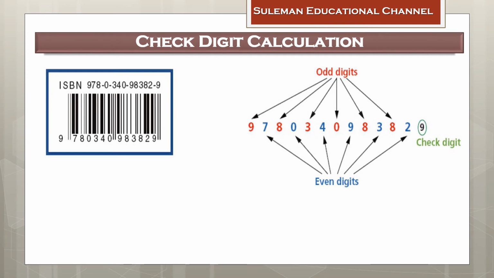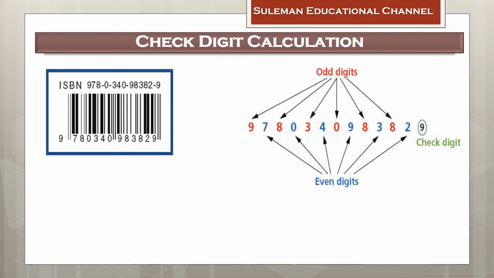Now we will understand the placement. There are two placements, the odd position and the even position. In this diagram, the digits highlighted in red are the odd position digits, and the ones highlighted in blue are the even position digits. The last digit, which is circled, is the check digit.